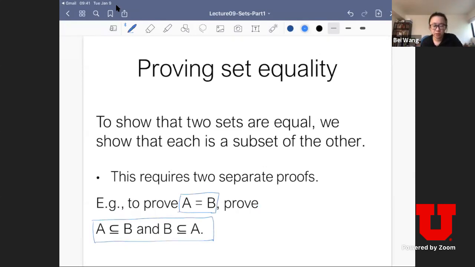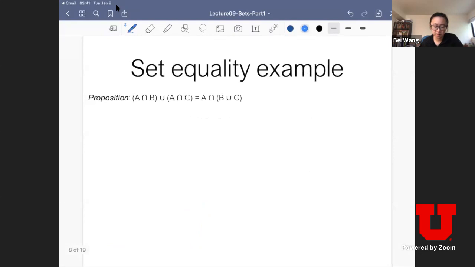So if I give you a problem like this, to prove that the set on the left-hand side is equal to the set on the right-hand side, you want to show essentially the set on the left-hand side is a subset of the set on the right-hand side, and the set on the right-hand side is a subset of the left-hand side.